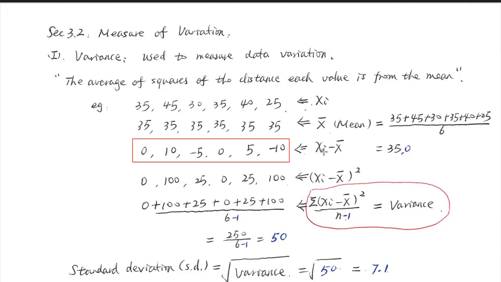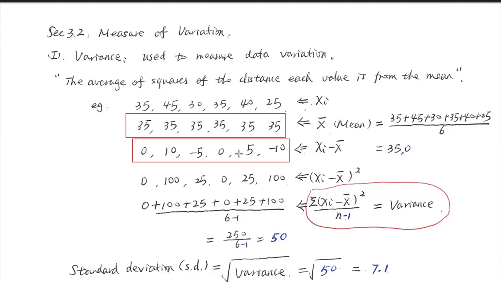Intuitively, if we are trying to find the average change, because this is the mean, that's the average. Each data point, we can see the difference from that average. Sometimes 0, perfectly on the average. Sometimes positive 10, sometimes negative 5.